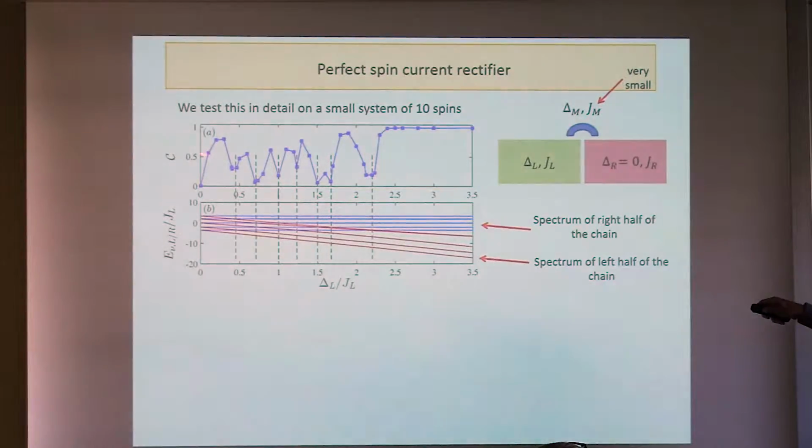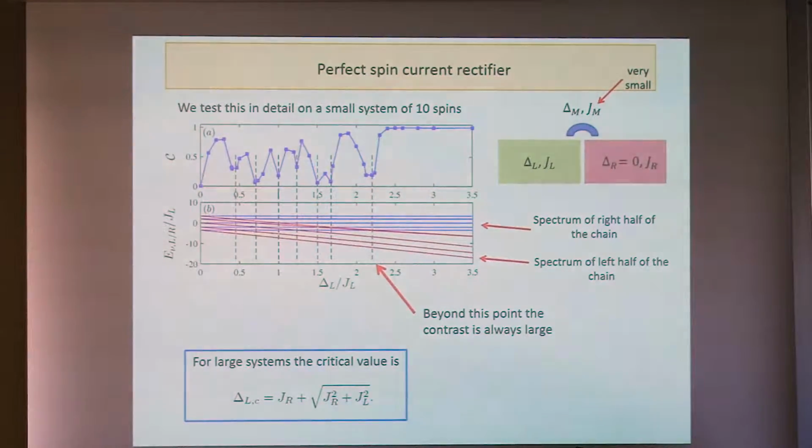So if I look at the contrast, I see that in all the places where there is an intersection between the two energies, then you have a low contrast. And then beyond this value of the interaction, the contrast will be very high.